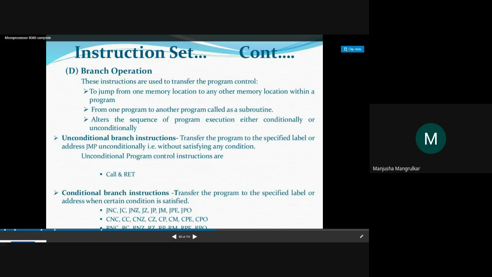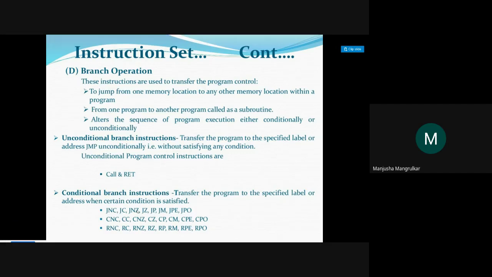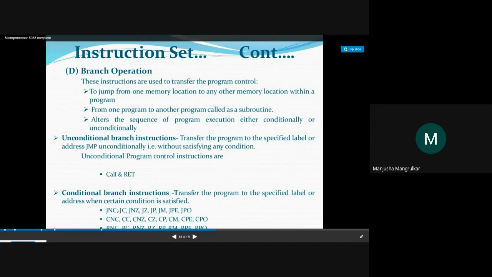So these two instructions are for the sign flag. These two are for the carry flag. These two are for the zero flag. These two are for the sign flag. These two are for the parity flag, right? So these are the jumps. Jump is used when your control has to jump within the same program from one memory location to another.